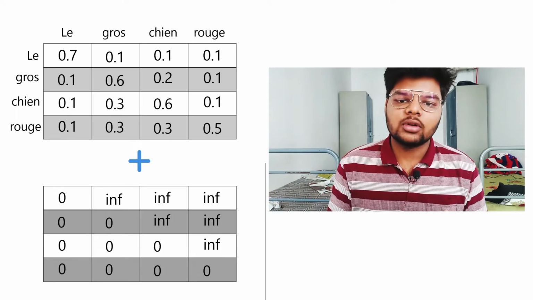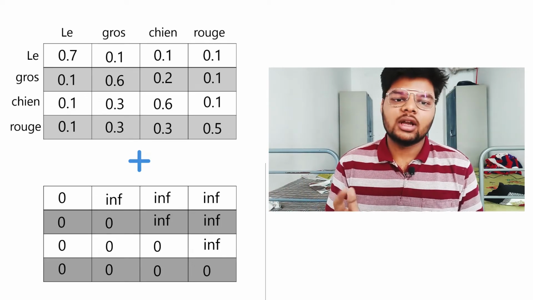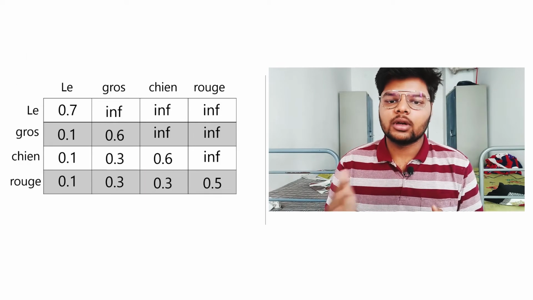When it's added to the attention matrix, the result is a lower triangular matrix with the upper half completely infinity and the lower half with some attention values. The main advantage is that when we take the softmax of this matrix, the upper half gets completely zeroed out, ultimately removing the attention score from the matrix.